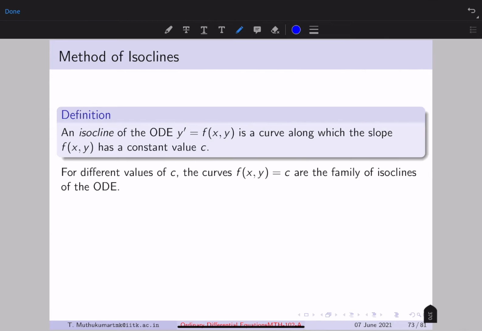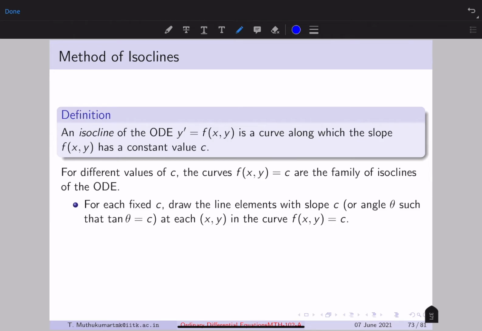If you choose different c, you will have different curves. So you start with a c, then you look for the curve in R2 along which the unknown curve has the same slope, that's called isocline. You do this for every c by solving this. Once you fix a c, you look for all x and y such that this happens, which is the curve that you will obtain.